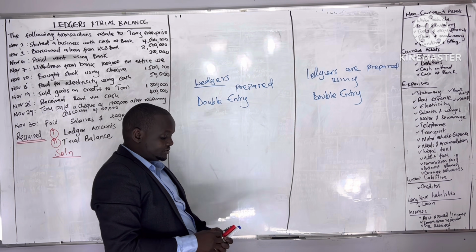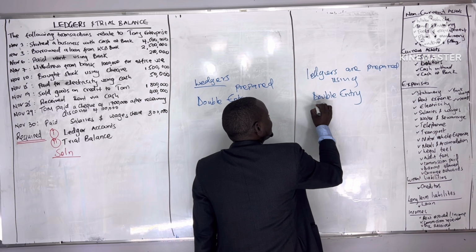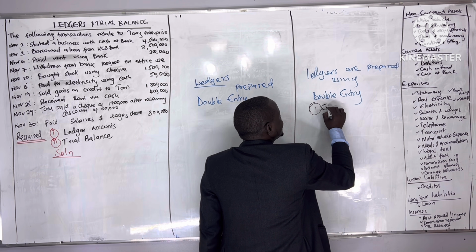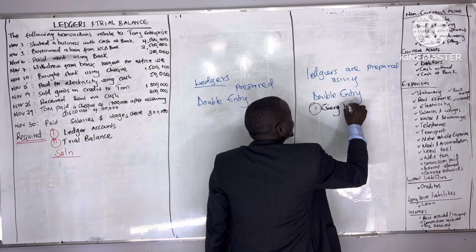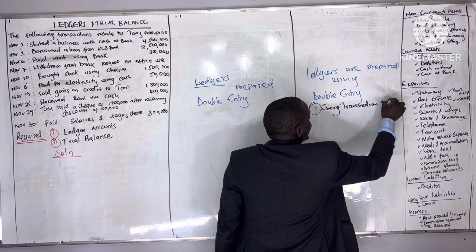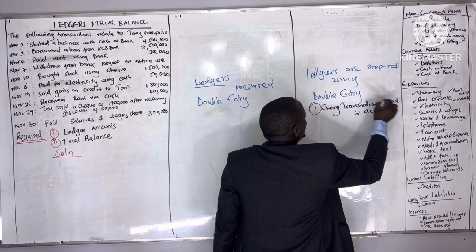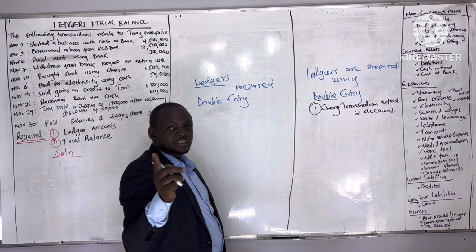Double entry argues this. One, that every transaction affects two accounts. Just from the word double, every transaction affects two accounts.